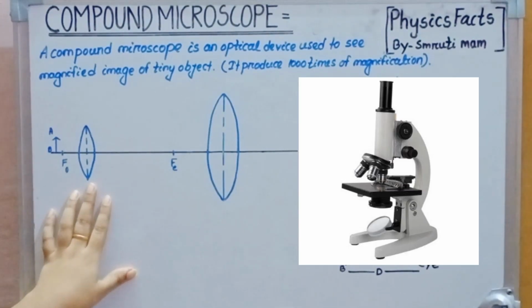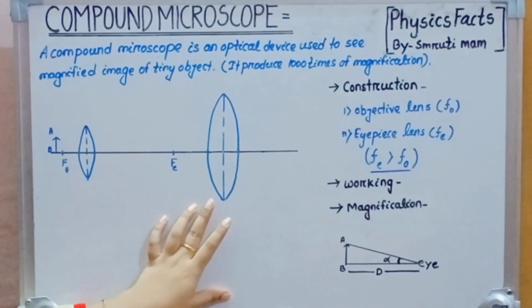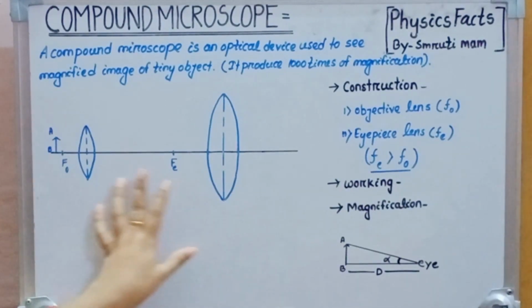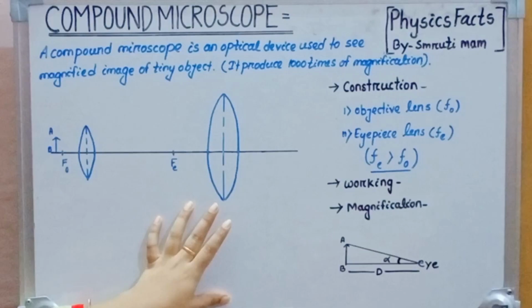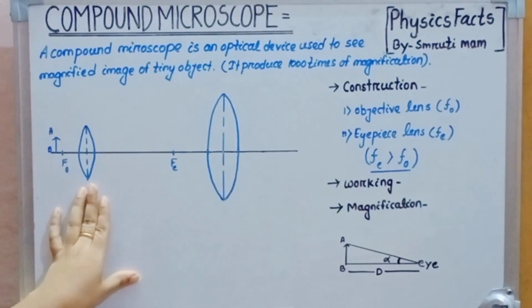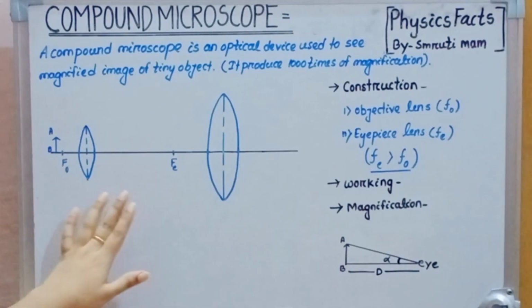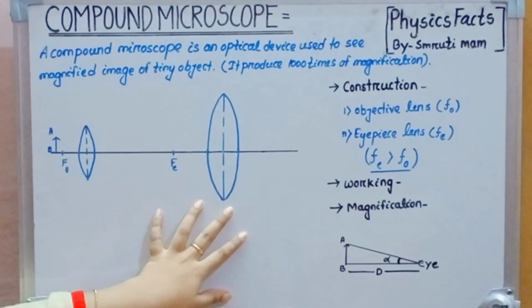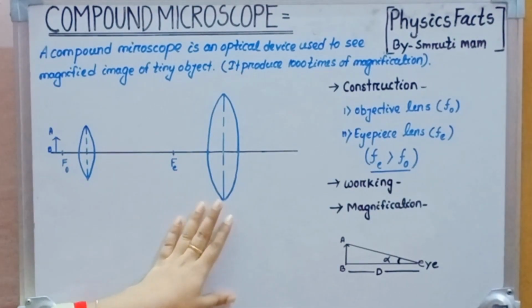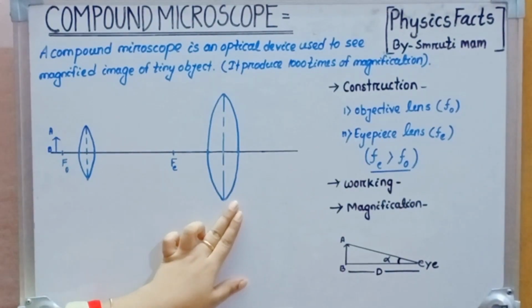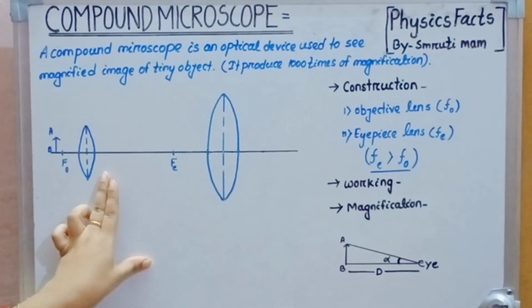Here, both the objective lens and the eyepiece lens have small focal lengths. Both have small focal lengths, but comparing the two, the focal length of the eyepiece lens is greater than that of the objective lens.